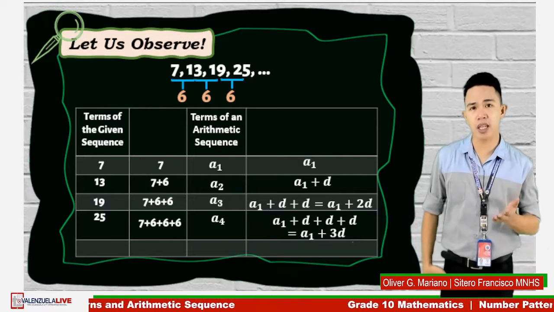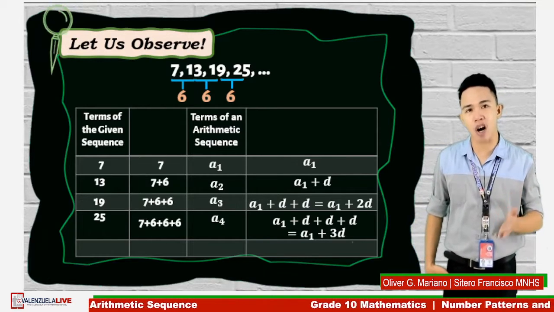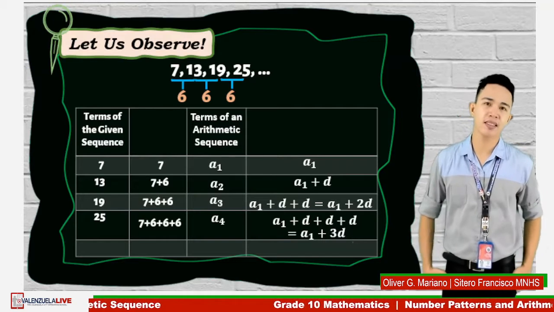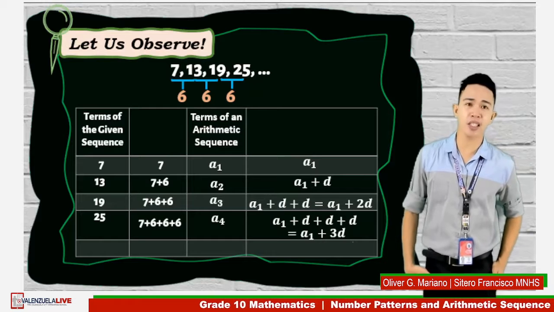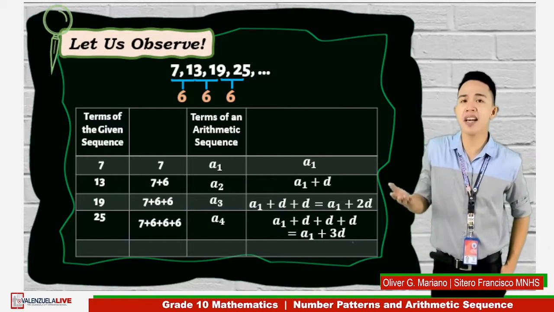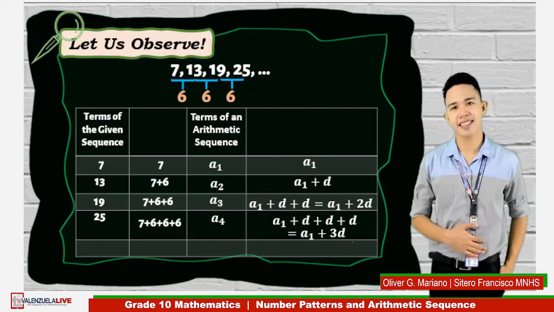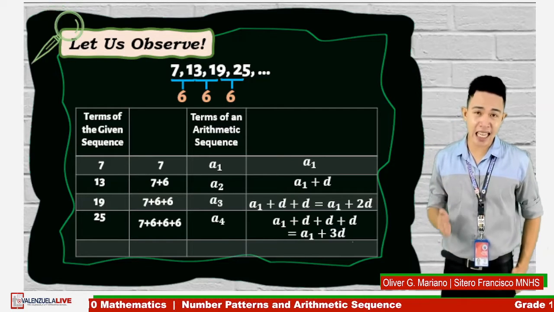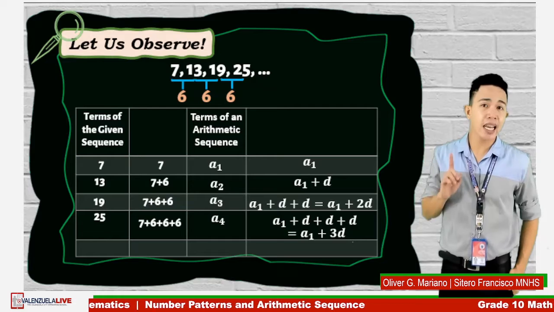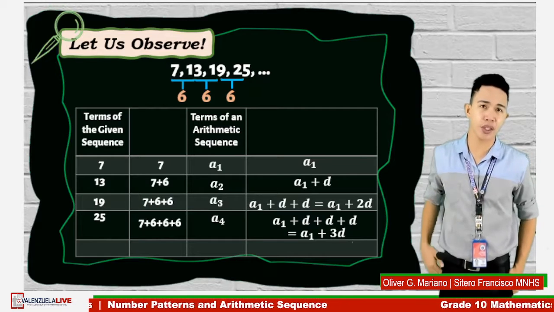What do you observe with the entries in the last column of our table? That's right. a sub 1 is fixed. What else? Correct. The coefficient of d is always 1 less than the order of the term.